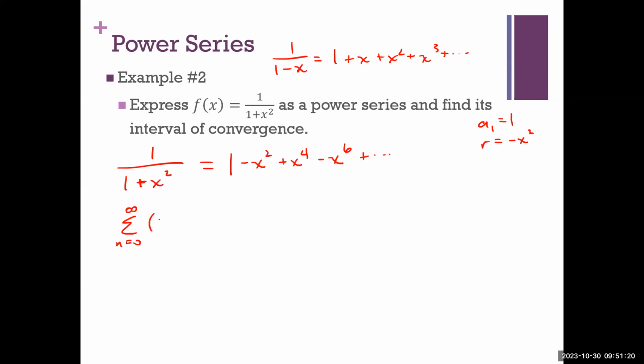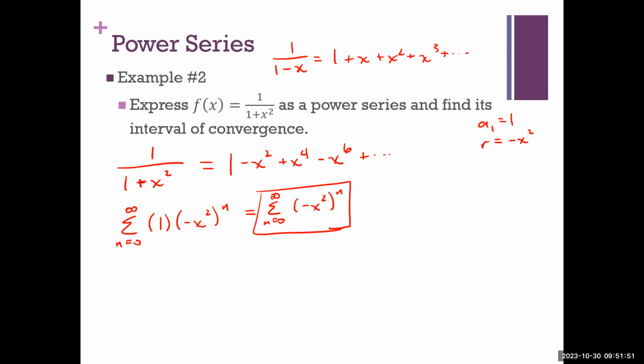So our first term is 1. What's our common ratio? Negative x squared to the power of n. So are we okay with this series, negative x squared to the power of n? Make sense?